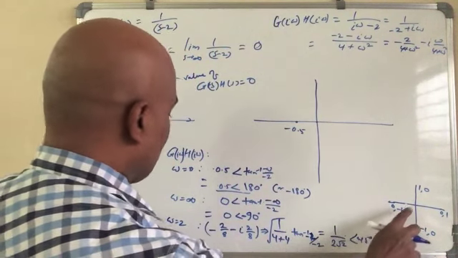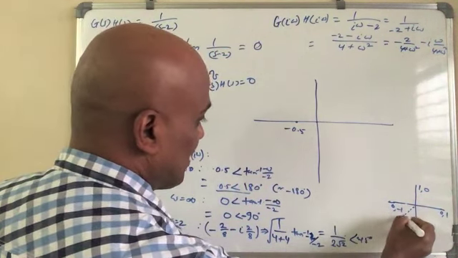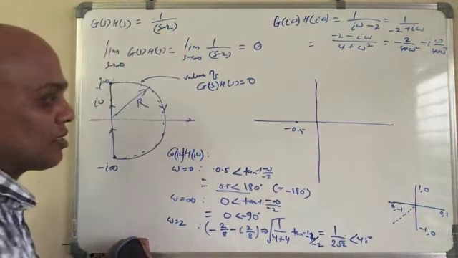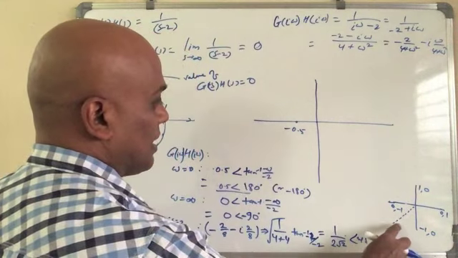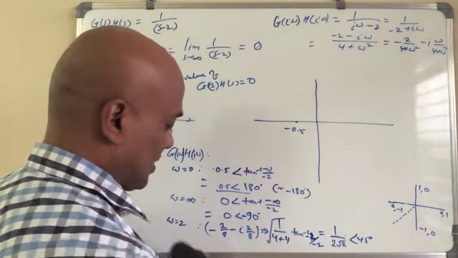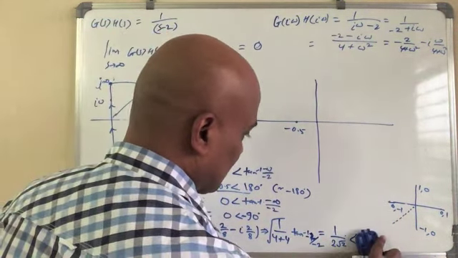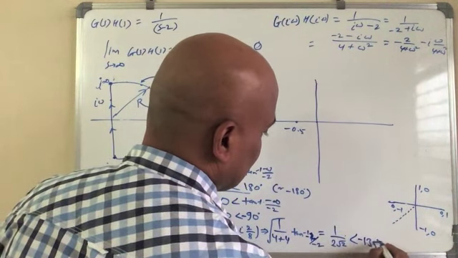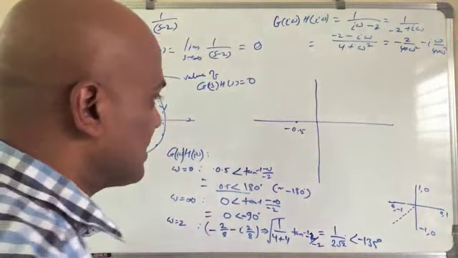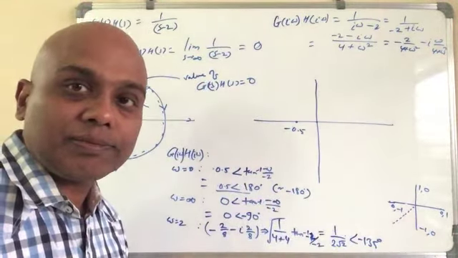We are going in between here, so 100, this is minus 90 and 45 is minus 135 degree. Okay, so this is minus 135 degree. So these are the correct values.